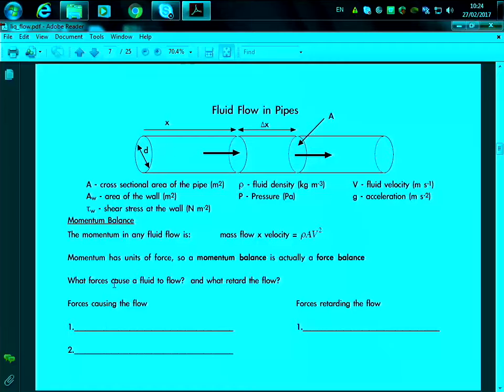Gravity force, yes, in case this is an inclined pipe, but it can play both ways. It can retard or make the fluid flow depending on the direction of the flow. And what is the force retarding the flow? Friction of the pipe. So basically those are the forces that we are going to see reflected in a momentum balance.